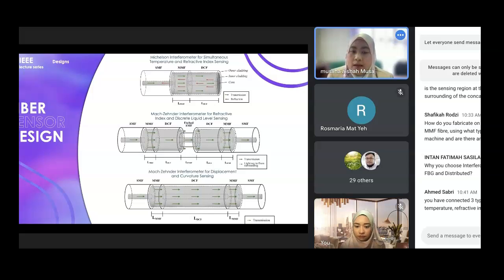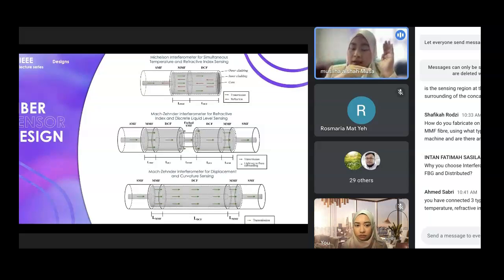When we do the temperature, we get a peak in the spectrum at our OSA, and for the refractive index we also get a peak. So we just make sure that our peaks do not overlap.